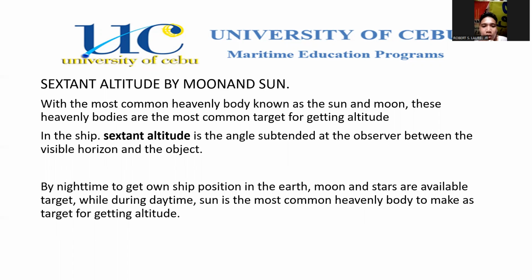The most common heavenly bodies are the sun and moon, the most common targets for getting altitude. On a ship, sextant altitude is the angle subtended at the observer between the visible horizon and the object. At night, to get the ship's position on the earth, the moon and sun are available targets, while during daytime the sun is the most common heavenly body to target for getting altitude.